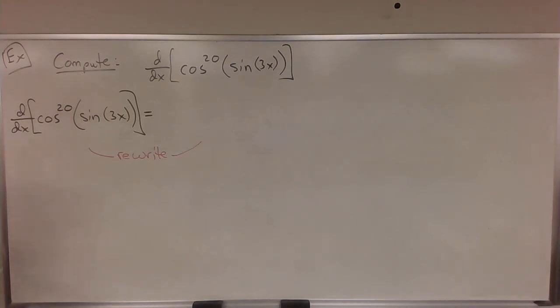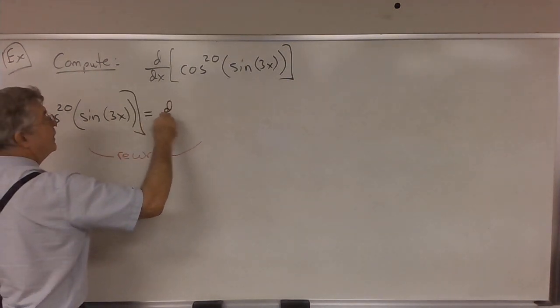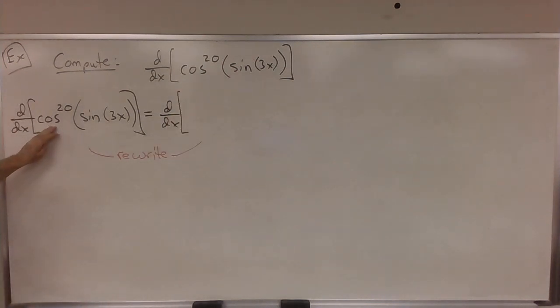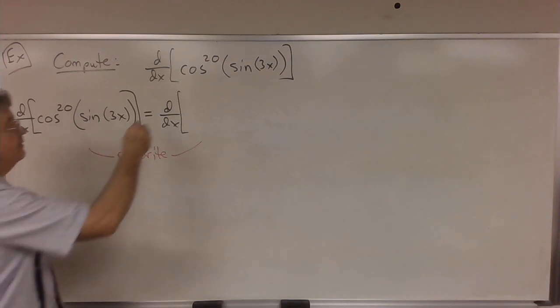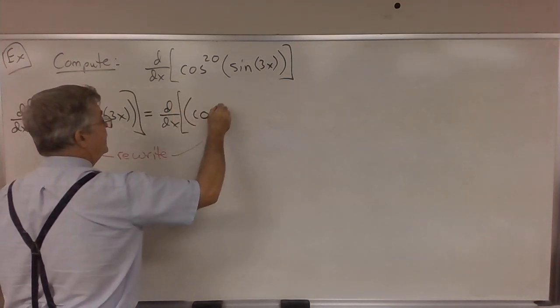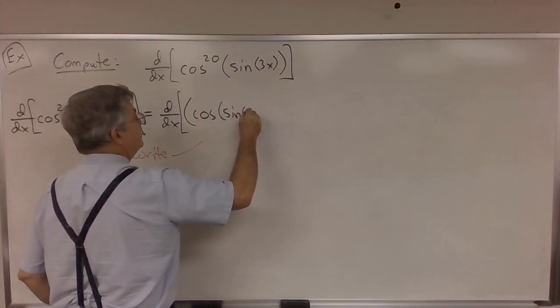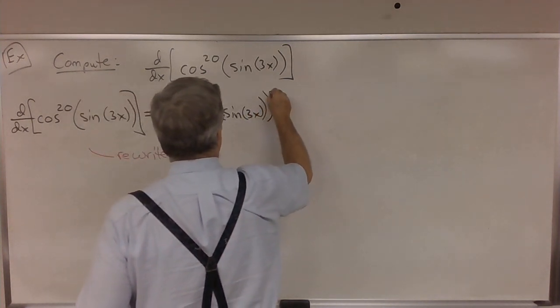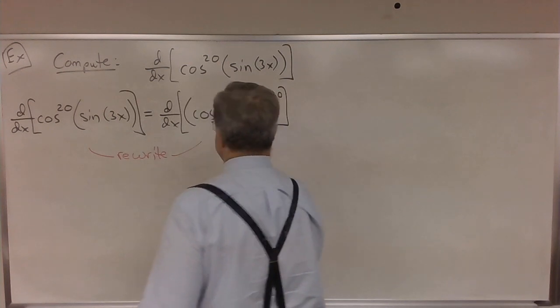So we have the derivative of cosine of sine of 3x, that whole thing raised to the 20th. So cosine evaluated at sine of 3x, that whole thing raised to the 20th.